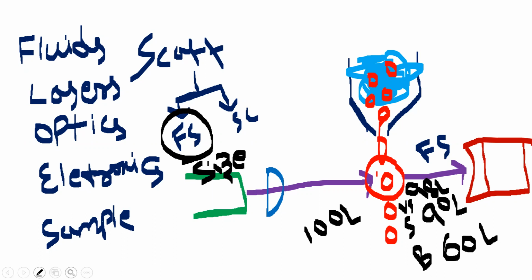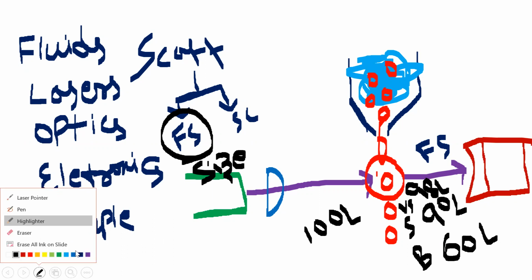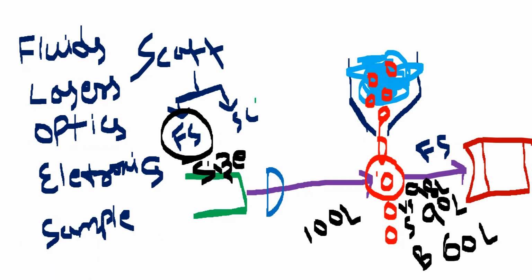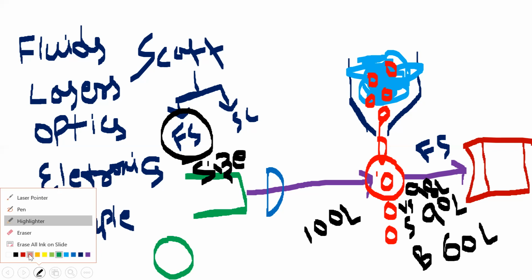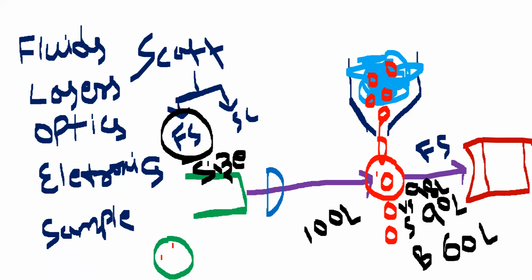Now the second one is side scatter. So let me take two cells here, so you will get some idea. I'm taking one cell here. This is a basophil. We know what a basophil is, right? A basophil has many basophilic granules.